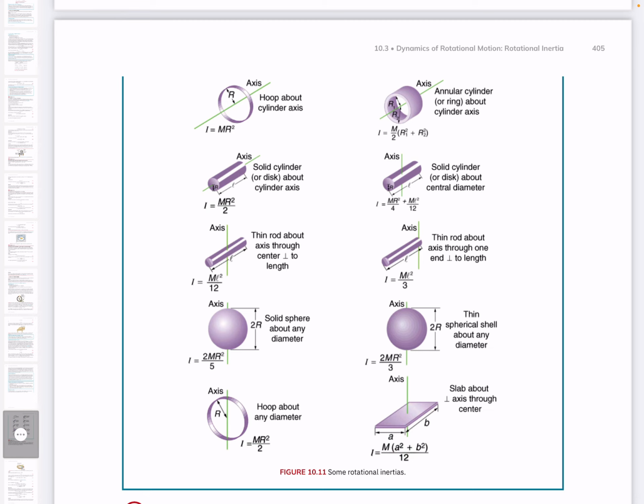If we have an annular cylinder, there's two radii. There's the inner radius and then the outer radius. So we're going to take the whole mass of the object, divide by 2, and then square the inner radius and add the squared outer radius.